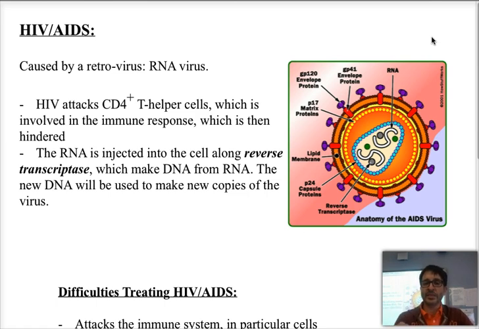This is actually the best method that we have found right now to try to slow down the reproduction of the HIV virus in the human body. That helps decrease the amount of copies of the virus that are present in the bloodstream.